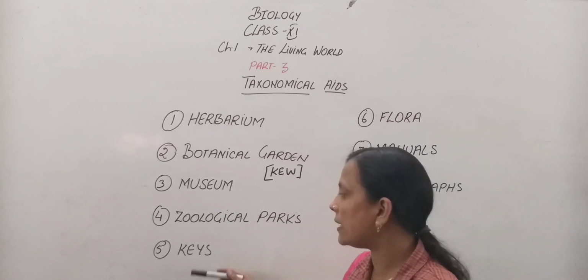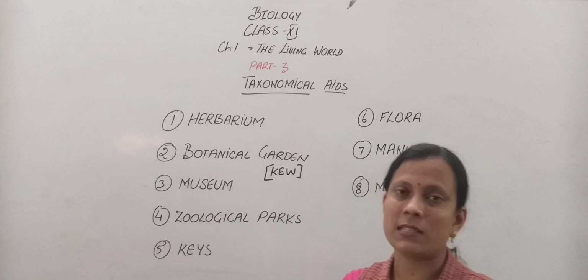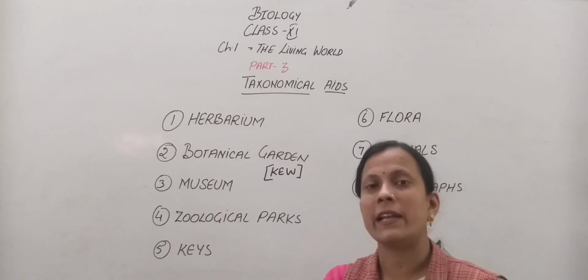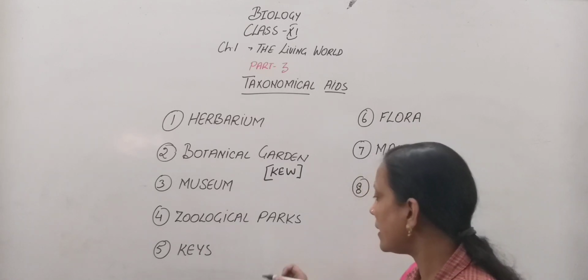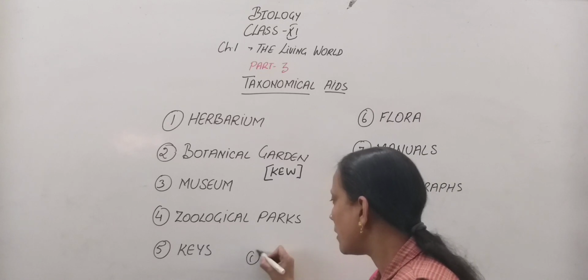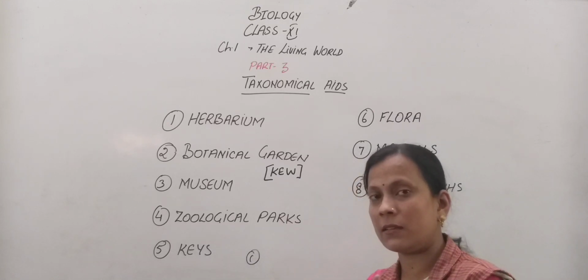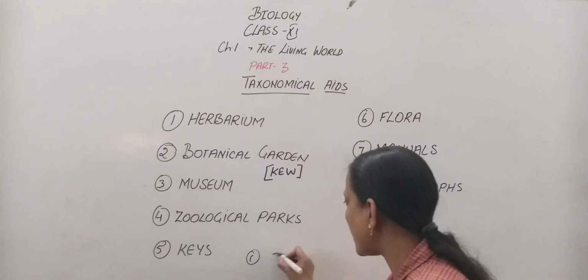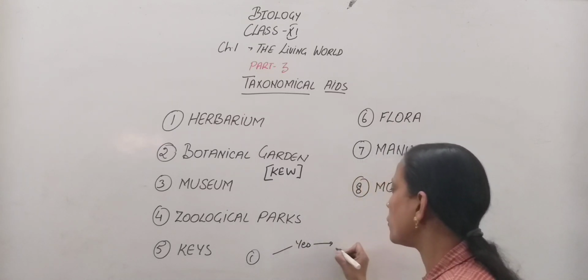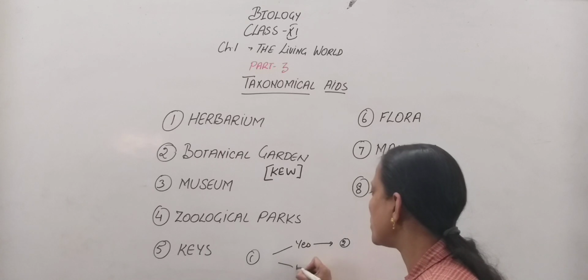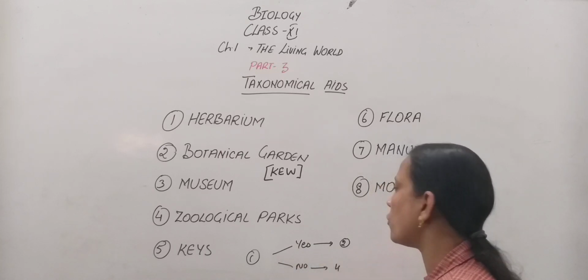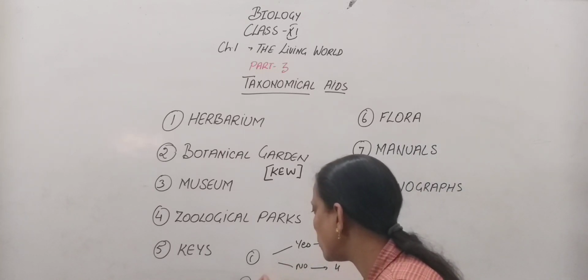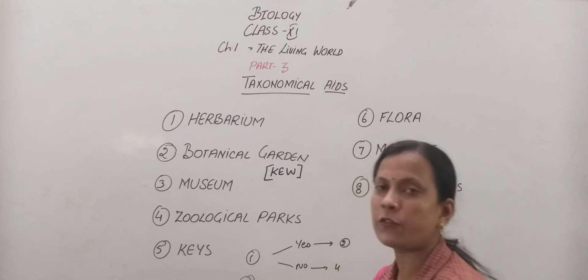Now next is the keys. What are keys? Keys are methods to identify. A certain character is there, and the question is answered in the form of yes or no. If it is yes, then move to point 2. If it is no, then move to point 4. Next, point 2, point 3, point 4.